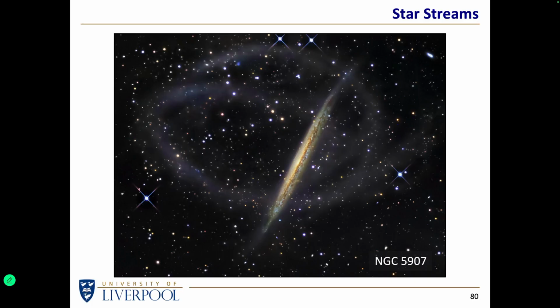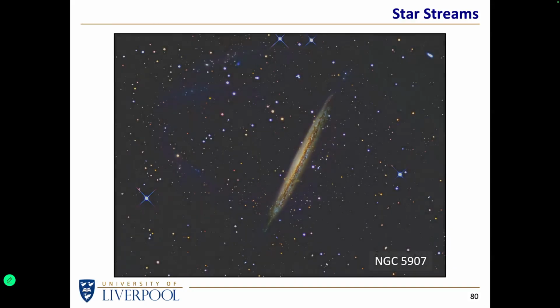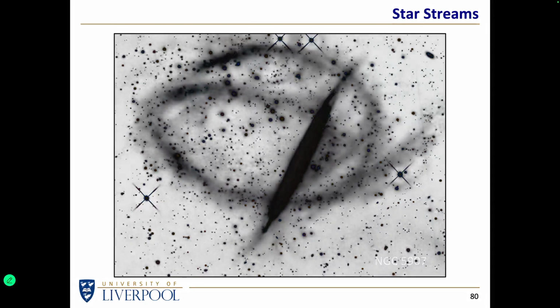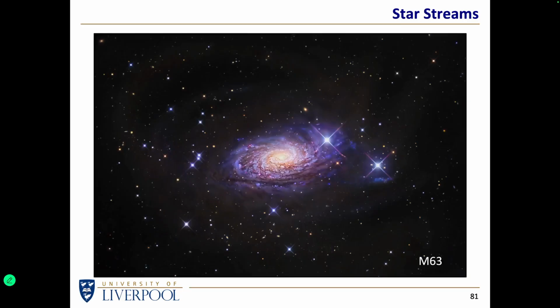We can see these breadcrumb trails, these star streams of interactions with other galaxies. So here's NGC 5907, and if it's not too clear, let me turn this upside down and make it negative. Now you can see the star streams more clearly. So this galaxy certainly has interacted with other galaxies in its past, and these galaxies have left these streams of stars in their wake.